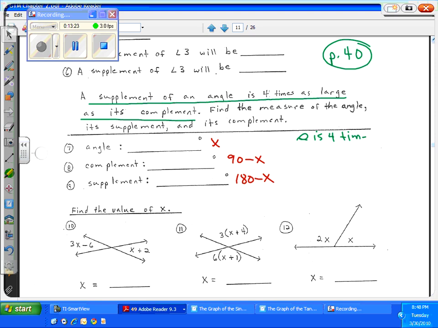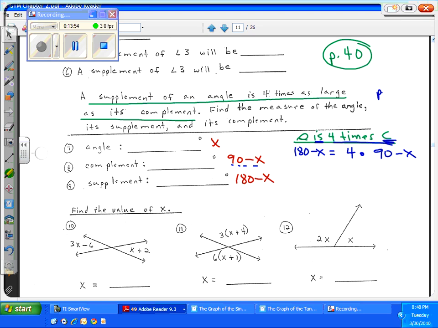Supplement is 4 times complement. Supplement is 180 minus x. Is means equal. The verb, page 37, is the equal sign. 4 times means you multiply. The complement is the 90 minus x.